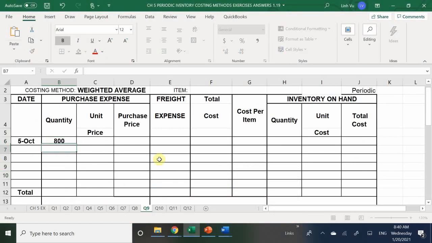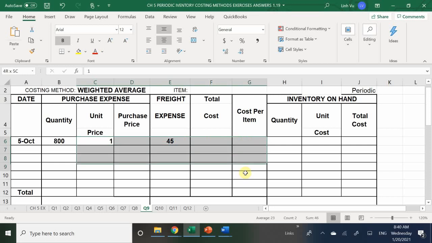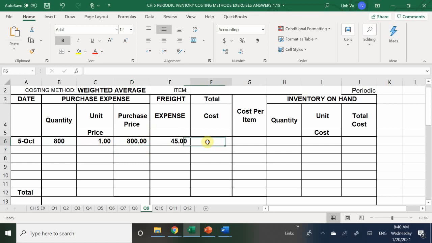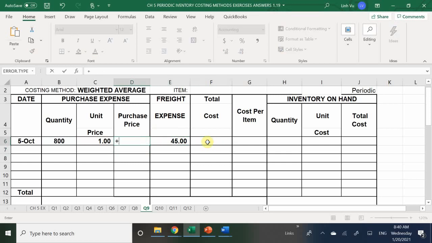So 800 times $1, with $45 of freight. What is my total purchase price going to be here? 800. That's your quantity times your unit price, and then the total cost is going to be 845.